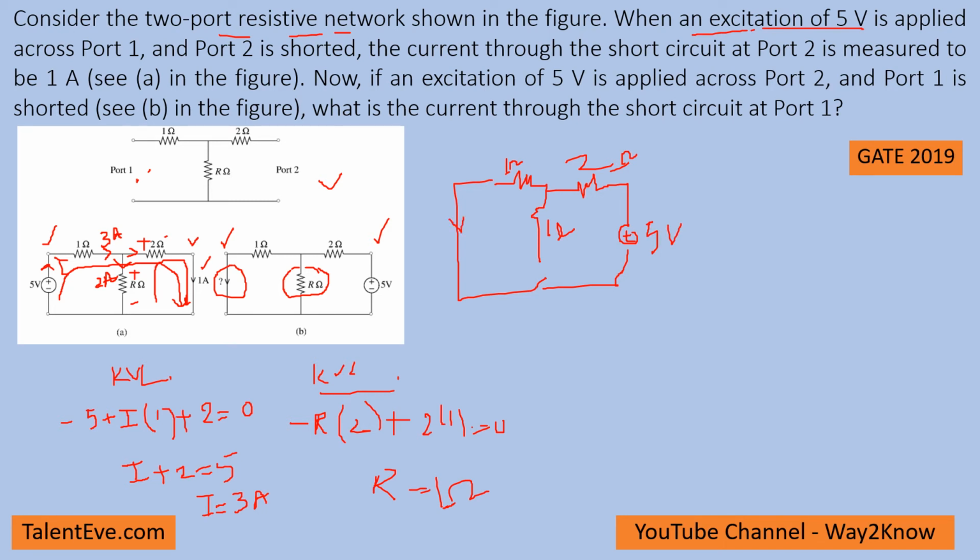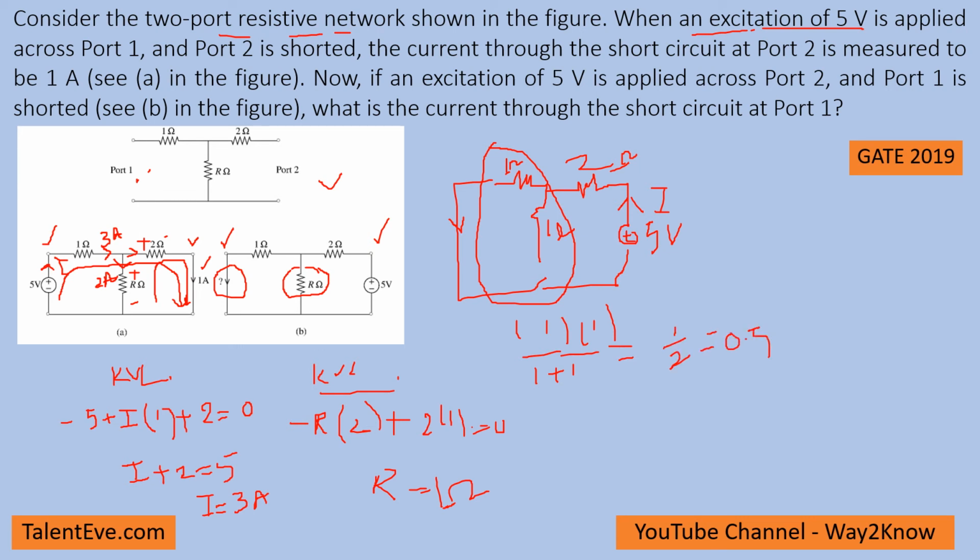For calculating the current here, we just need to know the total current that is sourced from here. So if you calculate the equivalent resistance of this circuit, 1 and 1 are parallel. That is R1 into R2 by R1 plus R2, 1 into 1 by 1 plus 1, which is 1 by 2, which is 0.5.